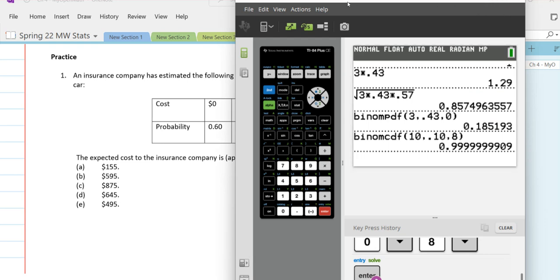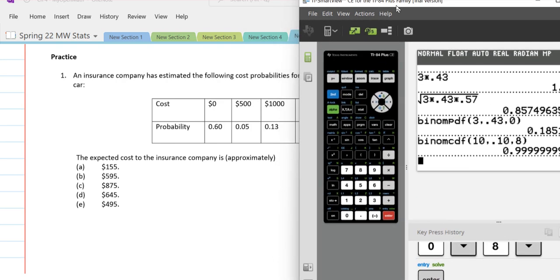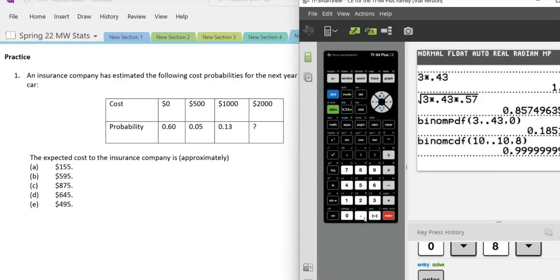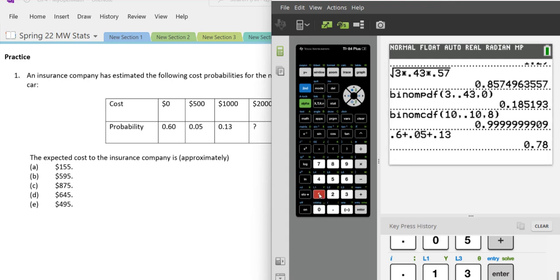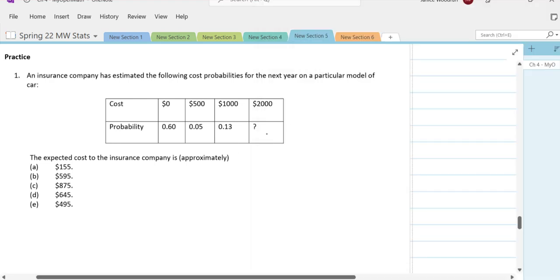Okay, so I have my probabilities: 0.6 plus 0.05 plus 0.13 is 0.78. So the remaining probability is 1 minus 0.78, so 0.22. So I'm going to fill that out here.